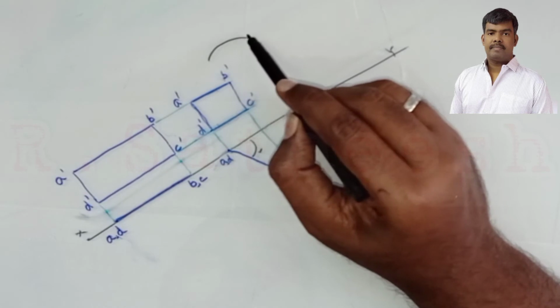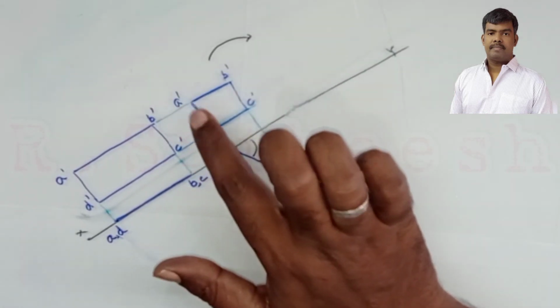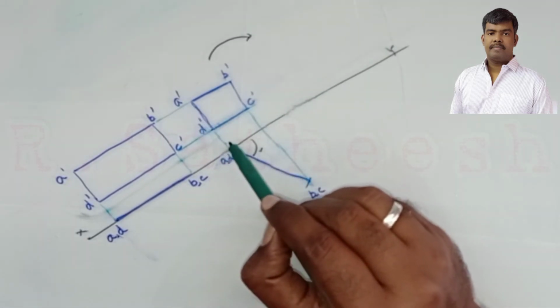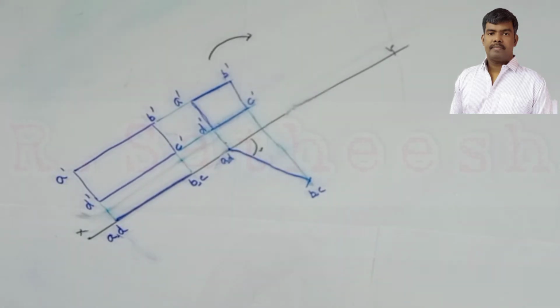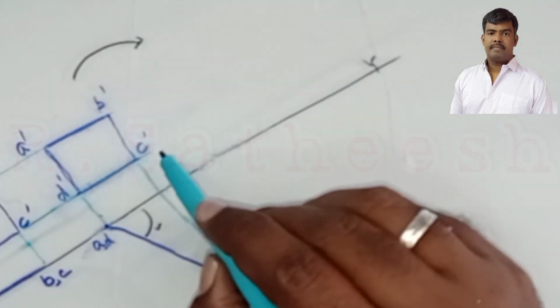The fourth and fifth diagrams are the same shape and size, with only one condition different. Here the shorter side is perpendicular to the HP, but we need 30 degrees to the HP.